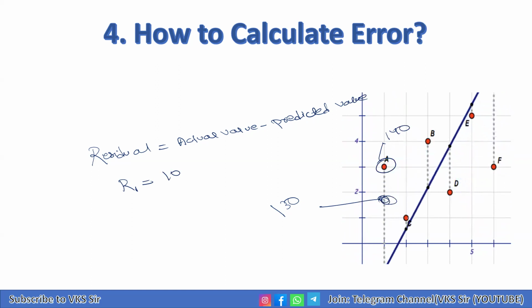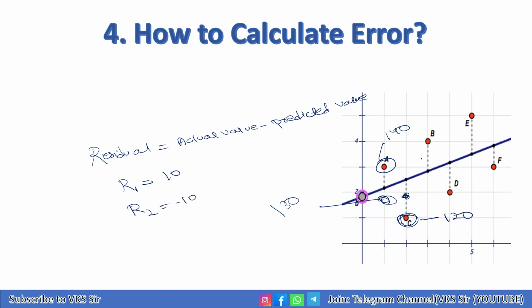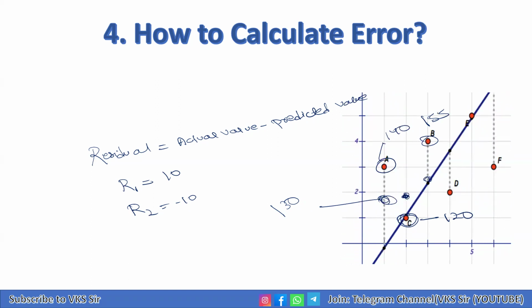Then for the second part, the actual value is 120, but the model is predicting, assume, this part. So again, the residual R2 is negative 10. Next, this part is 155, but the regression line is predicting here, so assume that this is 135.